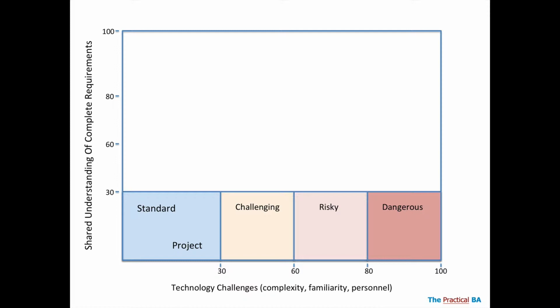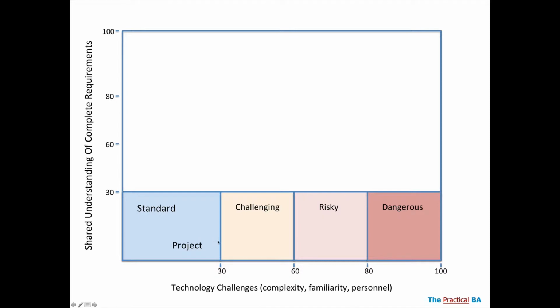So even if it's a relatively older tech and known, if you don't have the people and the resources to handle it, you can be more into the risky or even dangerous zone. Conversely, you could have a very tough tech, very, very challenging tech, but if you've got the right team and resources, it could be downward from dangerous into risky, challenging, or maybe even considered a standard project.